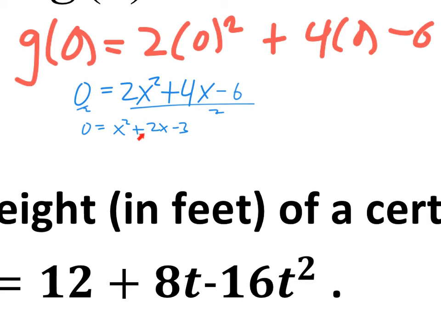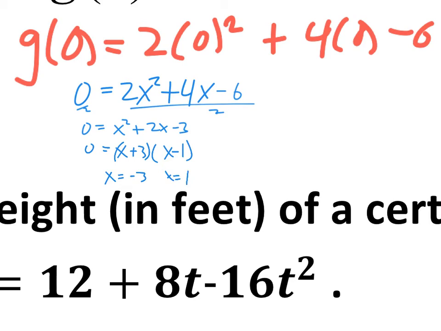Two numbers that add to 2 and multiply to -3 are 3 and -1. So we have 0 equals x plus 3 and x minus 1. So we get two answers, x equals negative 3 and x equals 1. Two solutions.